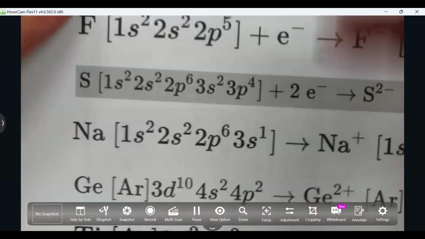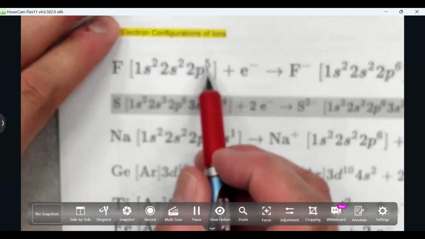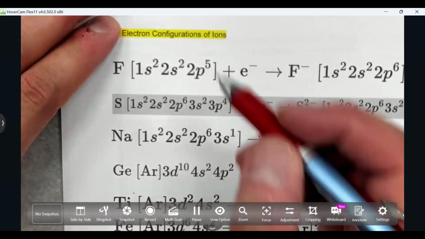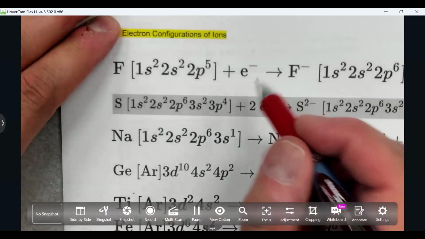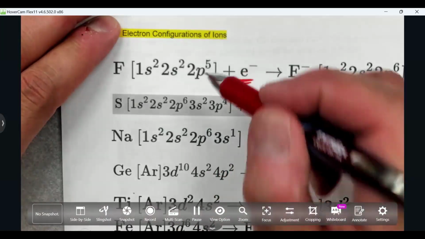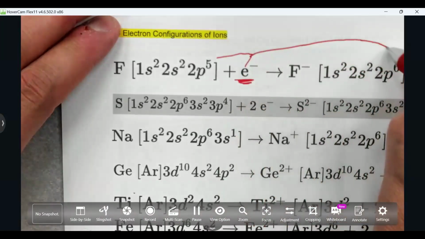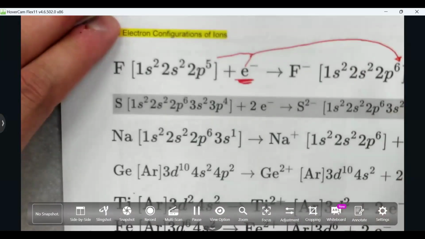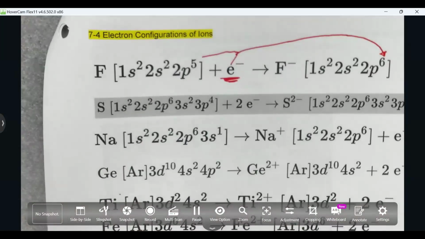So here's the fluorine neutral atom. 1s2, 2s2, 2p5. How many valence electrons? 7. It's going to gain an electron. Here it is, 5 plus this 1, 6. What do you have now? You have fluoride ion, right?